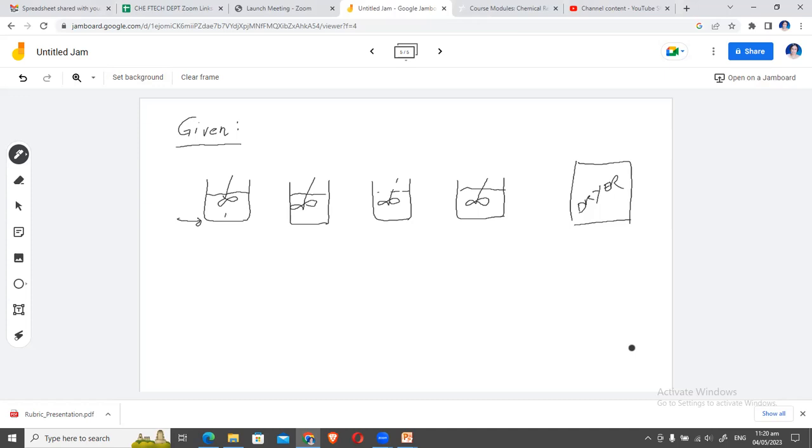This is thickener 1. This is thickener 2. This is thickener I. Dot, dot, dot. This is thickener N, the last.